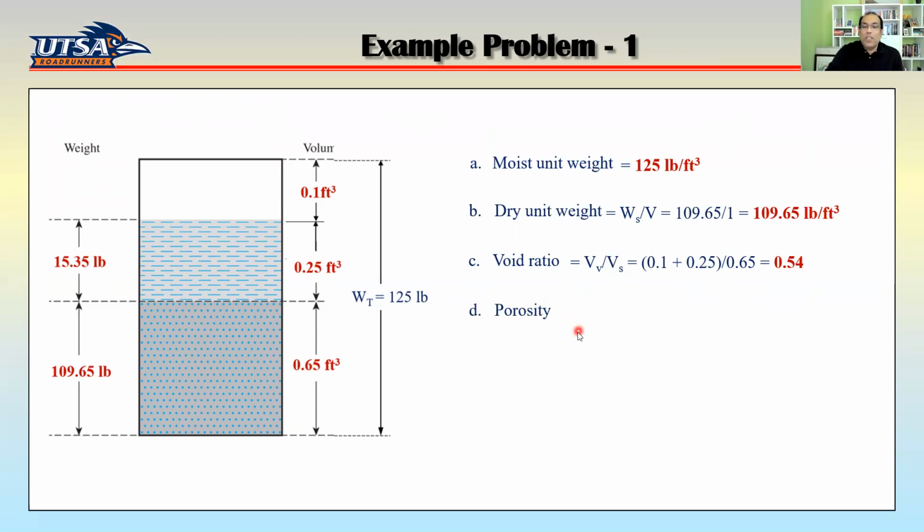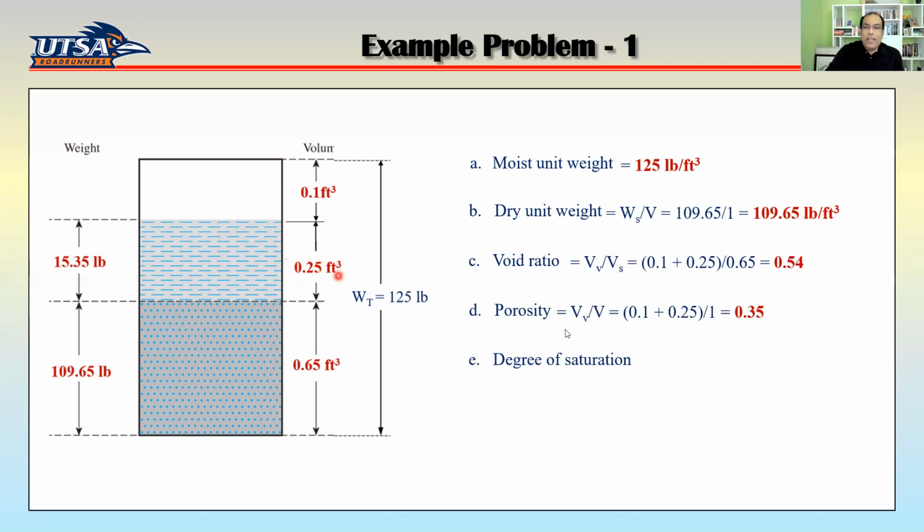Porosity is nothing but VV divided by total V. So VV is 0.1 plus 0.25, divided by total volume, which is 1. So that's actually 0.35. Now, degree of saturation: how much of that volume of VV is occupied by the water.